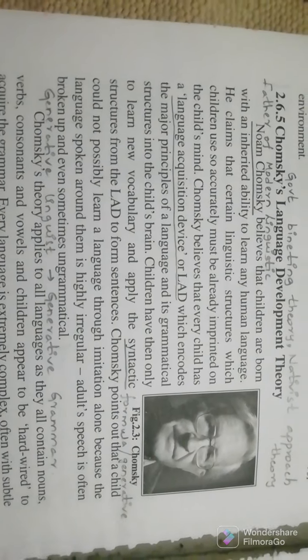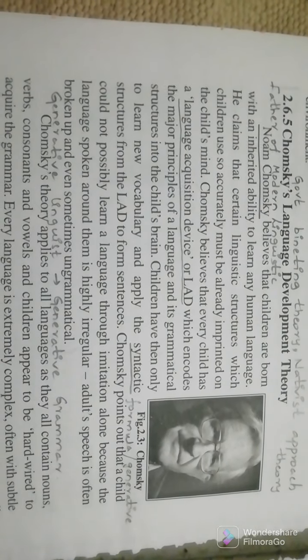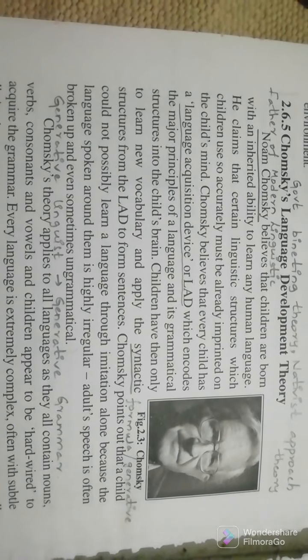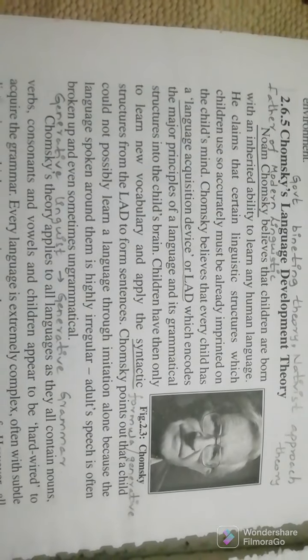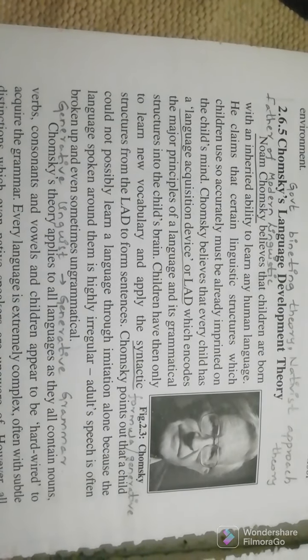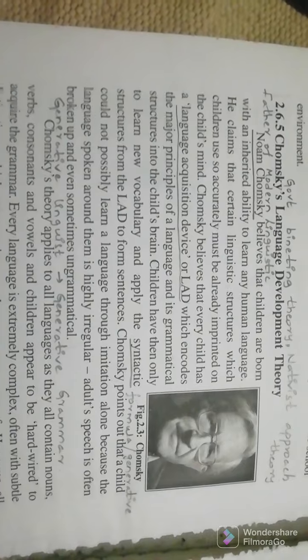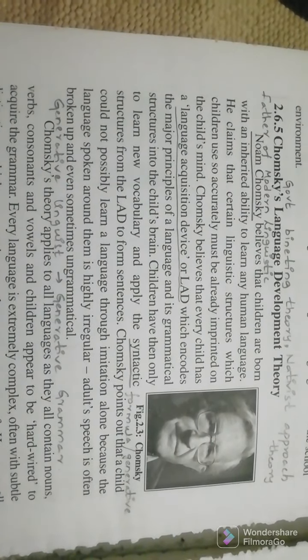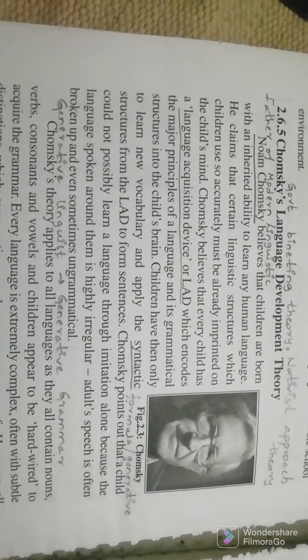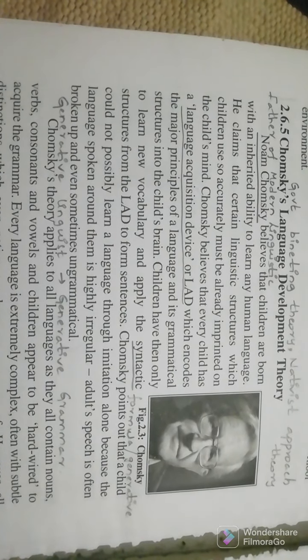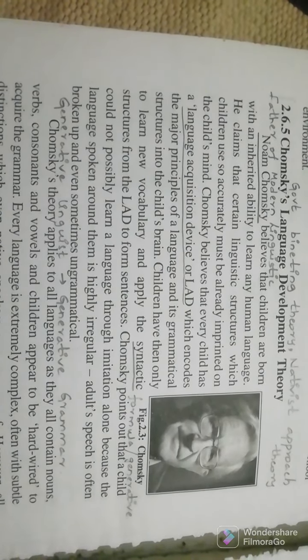That means the father speaks in some other language, the mother speaks in some other language, and the persons around them speak different types of language. So the language spoken will be irregular, and just by imitating the children will not be able to acquire knowledge and skills. Adult speech is often broken up and even sometimes ungrammatical.